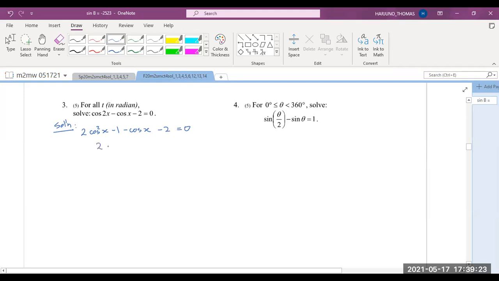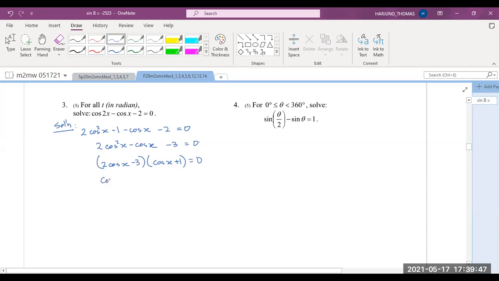Okay, so 2 cosine squared x minus cosine x minus 3 equals 0. 2 cosine x, cosine x, I need minus 3. So minus 3 here, plus 1 here. Will that do?